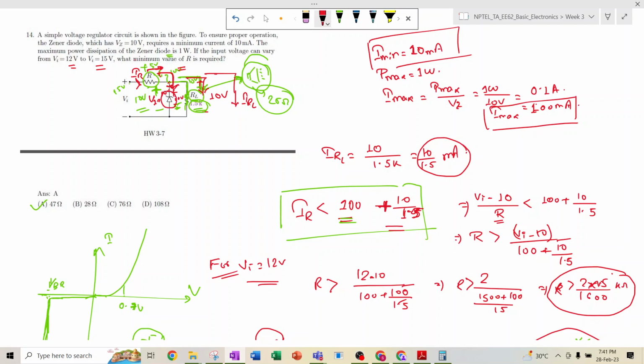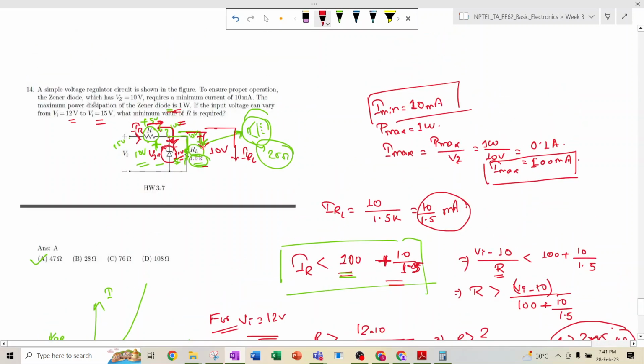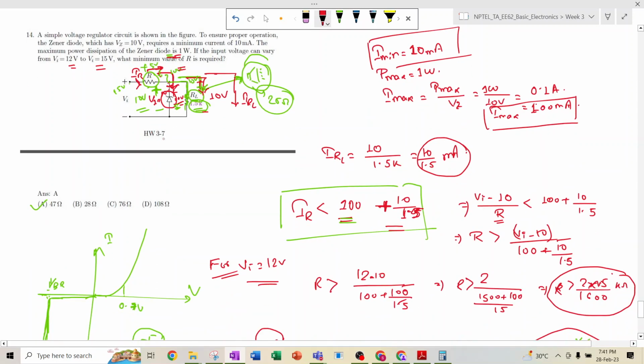It has some maximum power that it can withstand. If we apply more and more current, then this 10 volt times that more current will be greater than the power rating of this Zener diode, and the Zener diode will become damaged, right? So that's why we always mention the maximum power limit of the Zener diode.